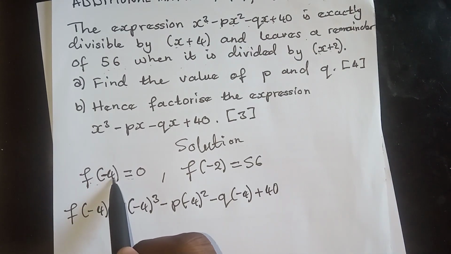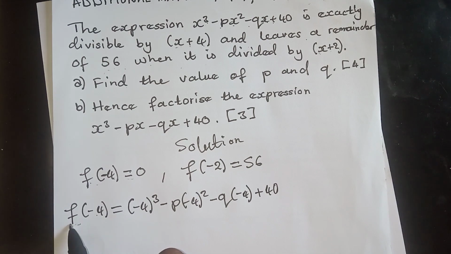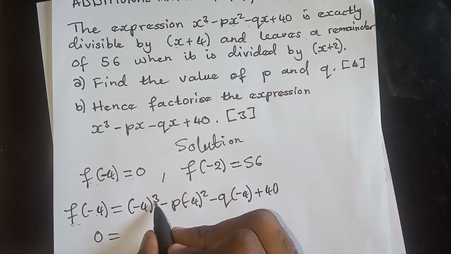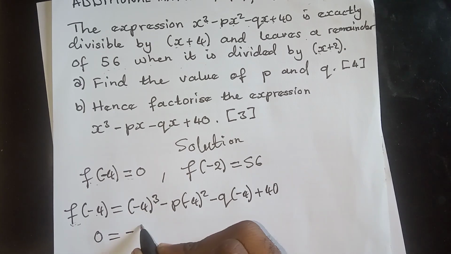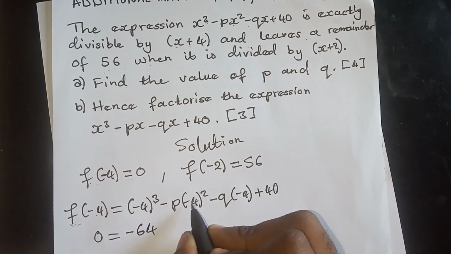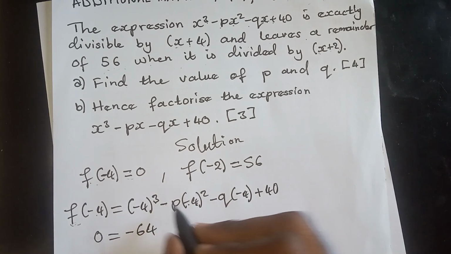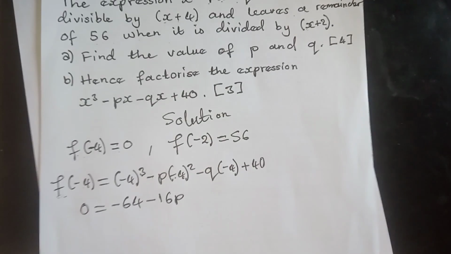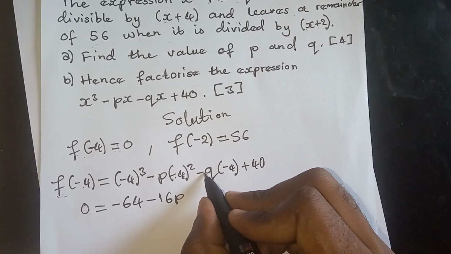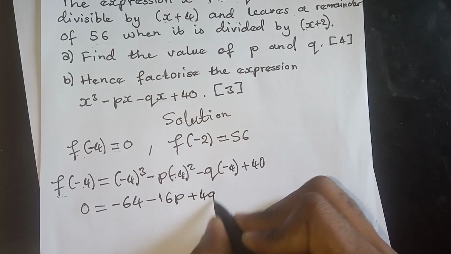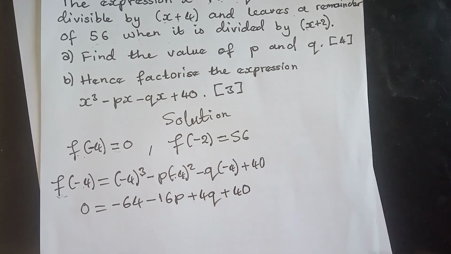Remember, f of negative 4 is 0, so we can as well just substitute this by 0. So now negative 4 to the power 3, this is negative 64. And then negative 4 squared is 16. So this will be negative 16p. And then negative q multiplied by negative 4, this will be positive 4q plus 40.